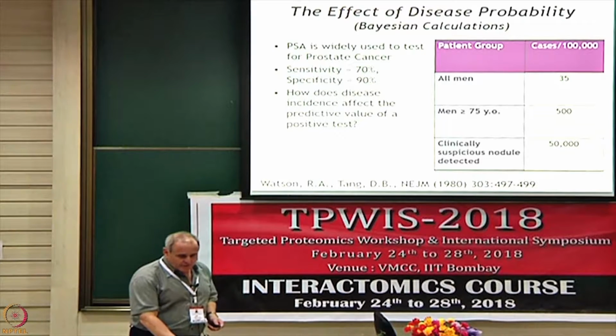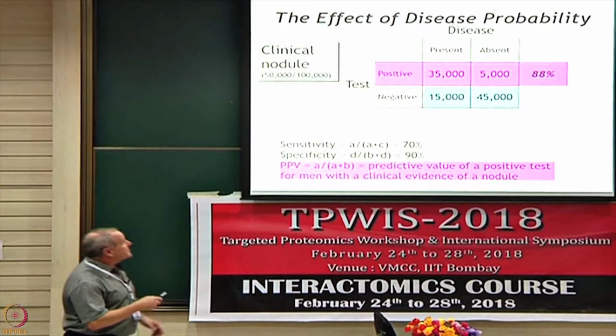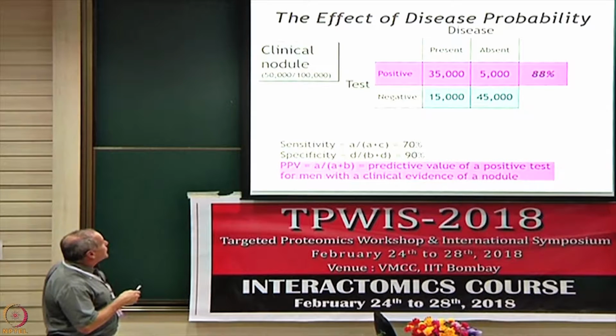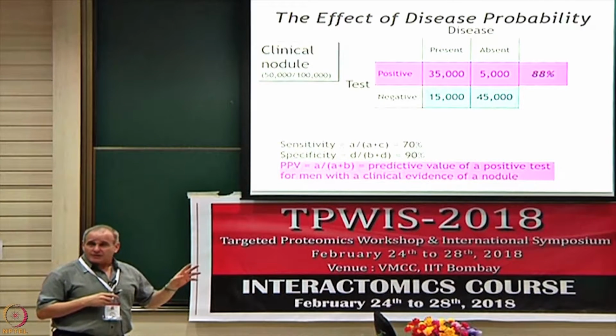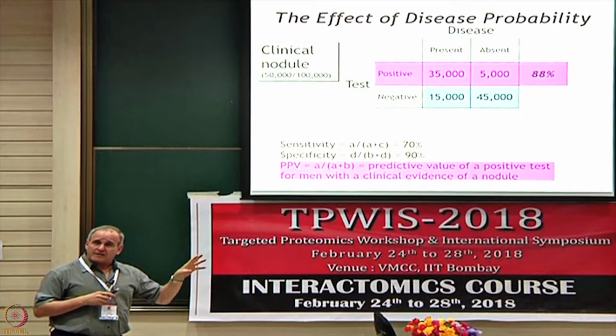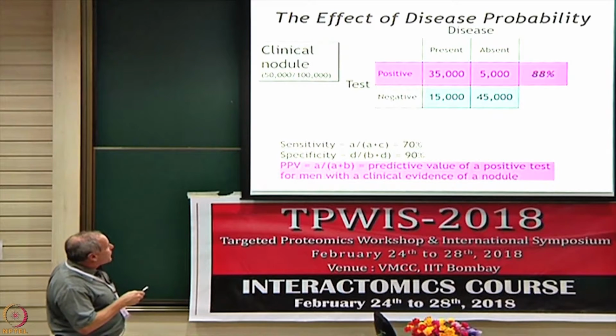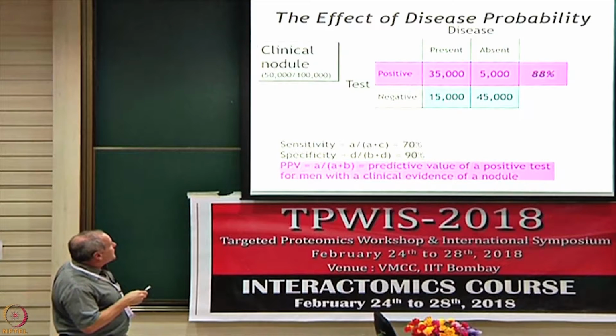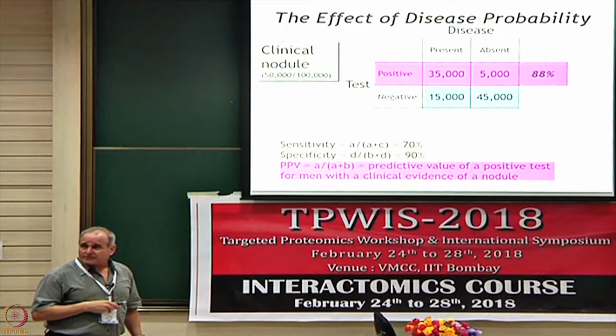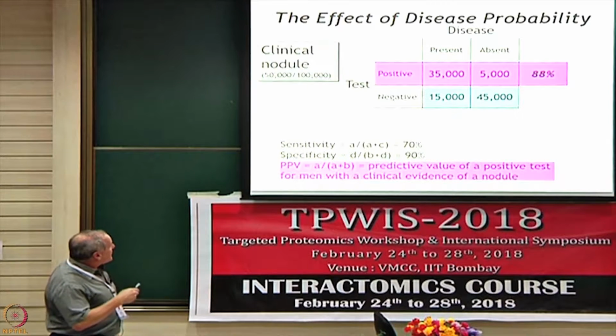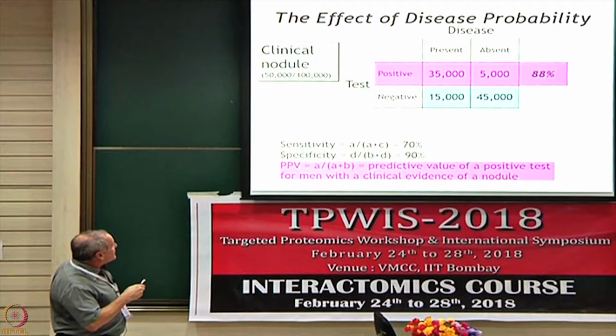Okay, so let's look at the first case. In this case, we're looking at the clinical nodule, a 50% likelihood to start that this person has cancer, right? So notice that this number here and that number there add up to 50,000. Remember I said that out of 100,000 men, 50,000 had it.